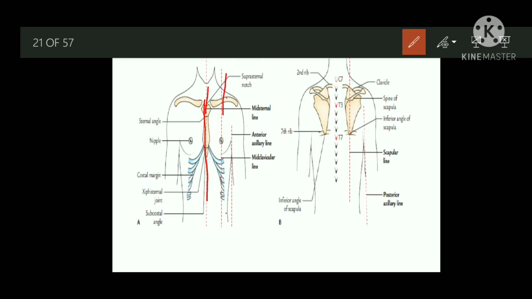These 3 points together form the mid-clavicular line. And behind there is a mid-scapular line that runs vertically downward on the posterior aspect of the chest, passing through the inferior angle of the scapula.